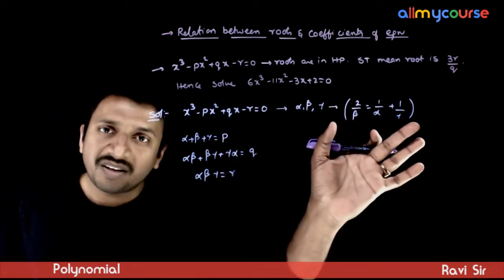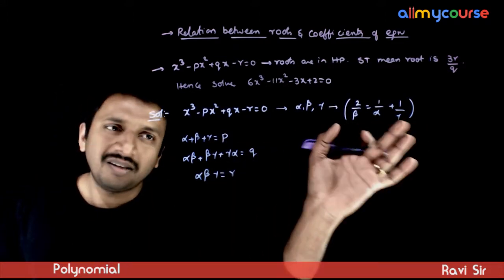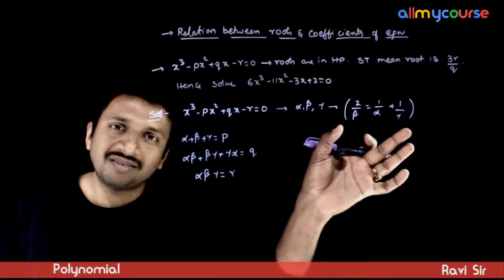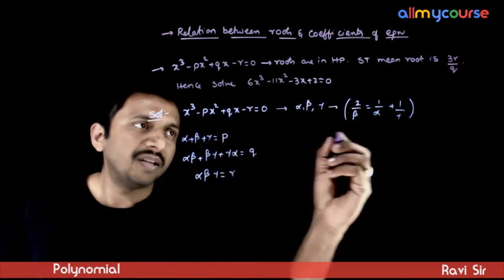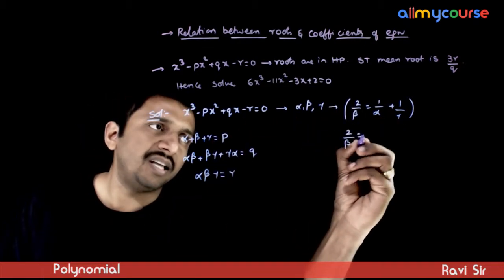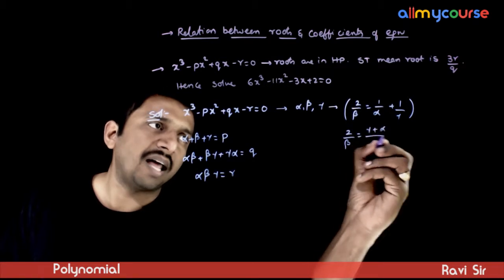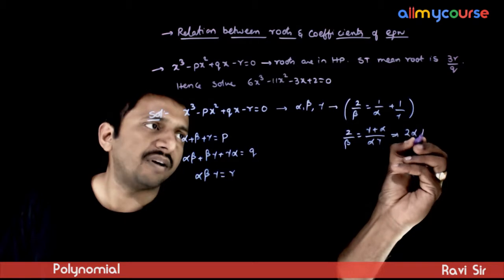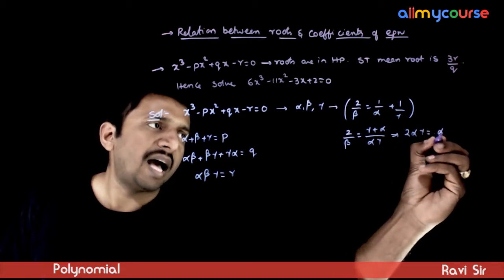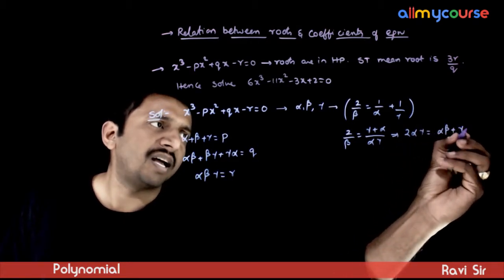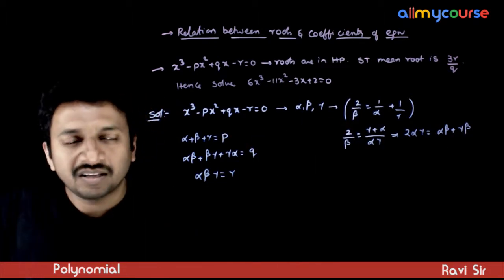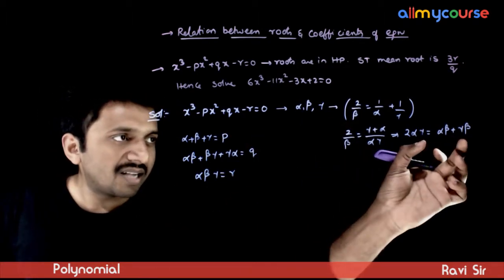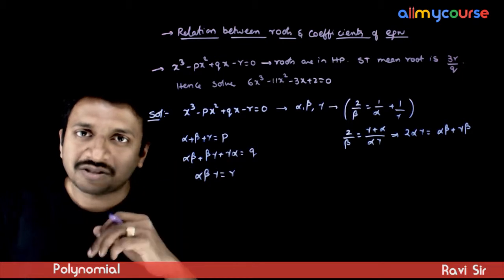So let us try to simplify this condition and see with which condition it is closely related. So 2 by beta is equal to gamma plus alpha by alpha gamma. This implies 2 alpha gamma is equal to alpha beta plus gamma beta. So you can very clearly see that this condition is more related to this condition.